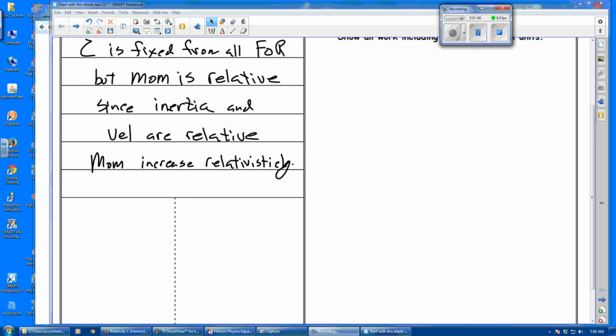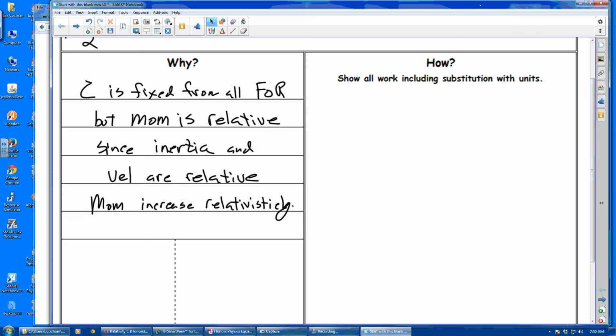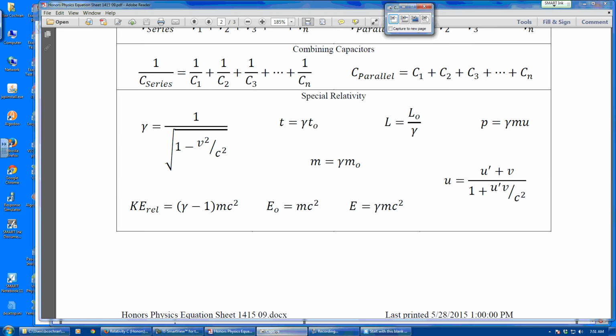Alright, so back at what we were doing here. Mine is quadrupled, which means I'm looking for it to increase 4 times as great. So I'm going to grab my equations, and my momentum equation is right over here.